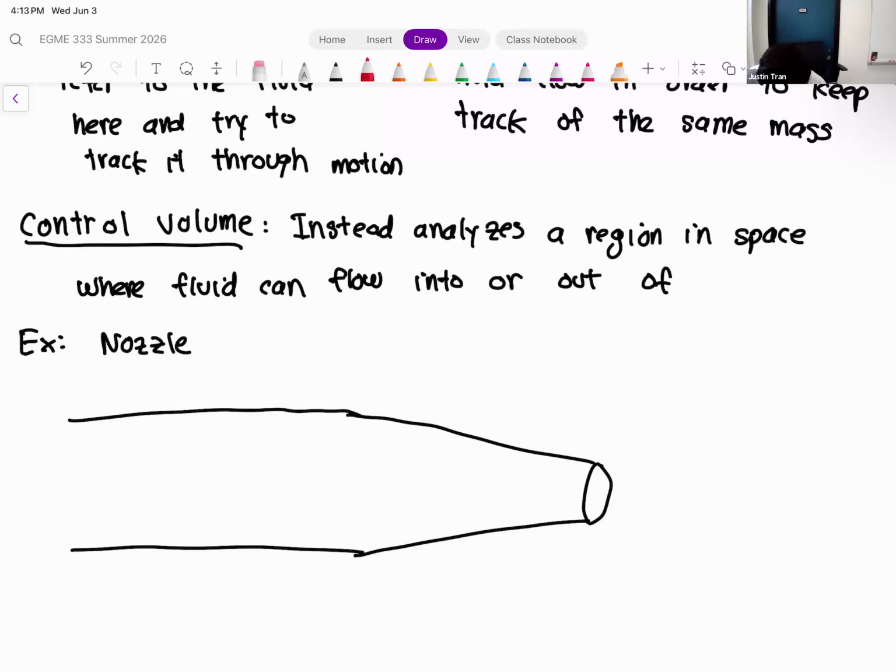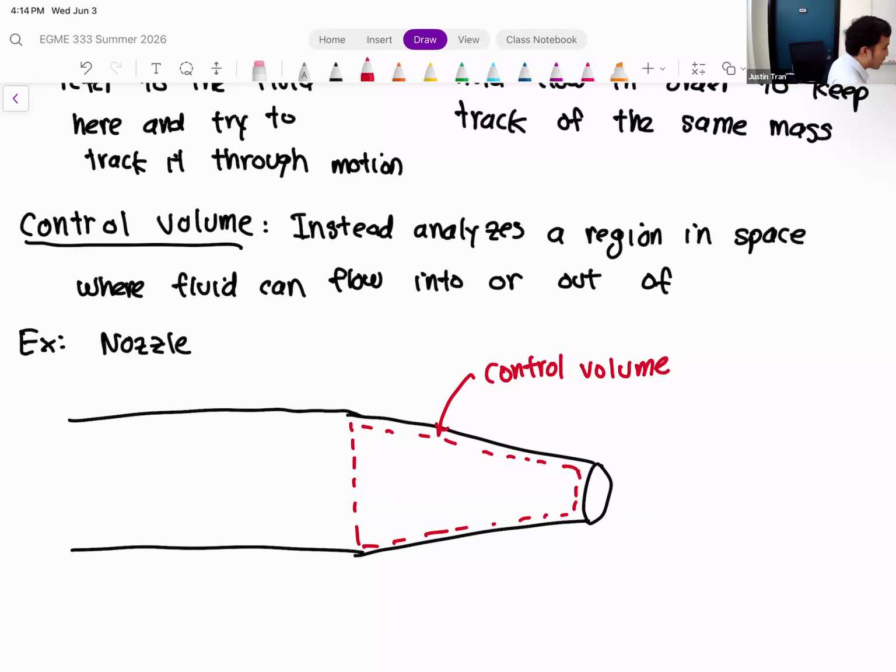One thing we can do is draw a control volume. Let's say we're interested specifically in the flow through the nozzle itself, so we can draw a control volume that encompasses that nozzle. That region of space is now fixed. So that's the region that we're considering.